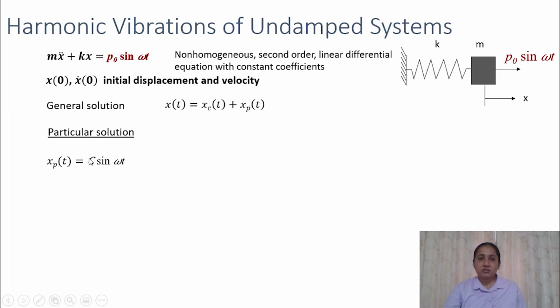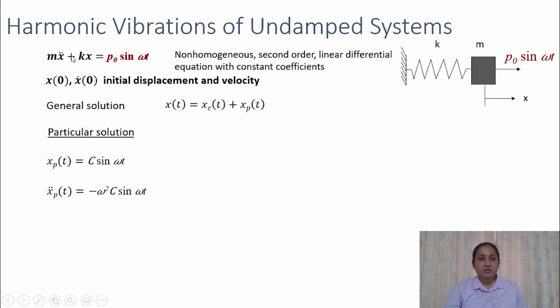So we can choose this as a particular solution. Now we have to find the value of C to get the complete particular solution. So to do that, we will substitute this in this equation of motion.